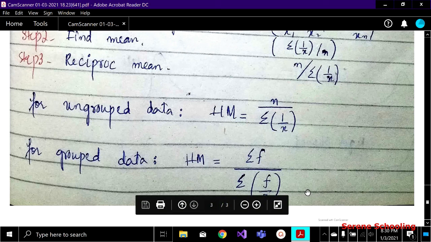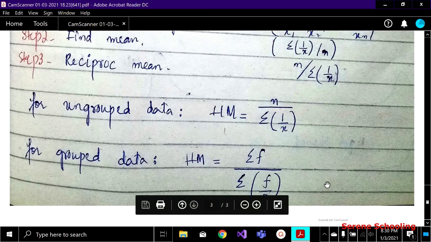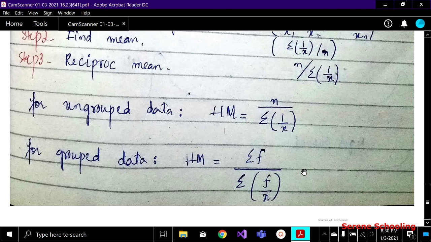As we have seen in the geometric mean also, we are given the classes and not the exact data value. So for that we just take the midpoints of all the values. Okay, so I hope you have gotten these things. So thank you.